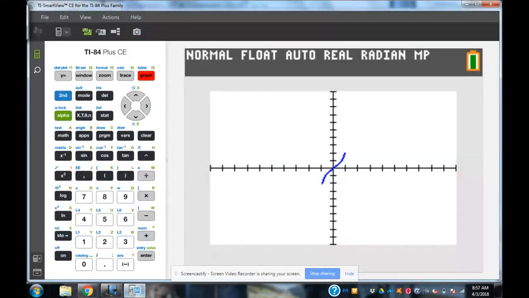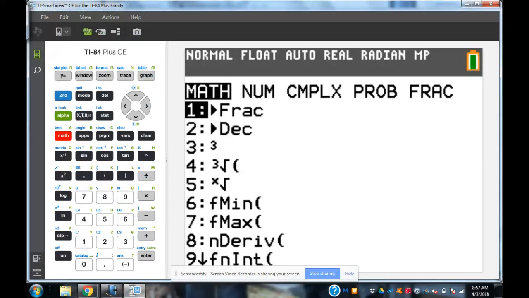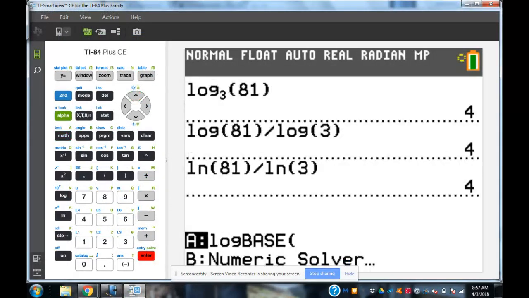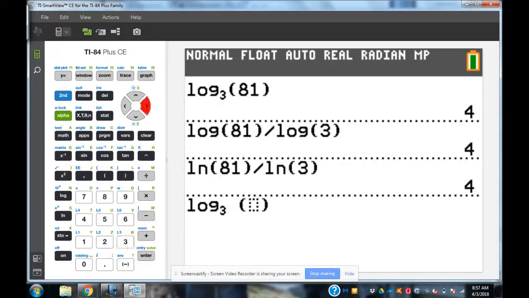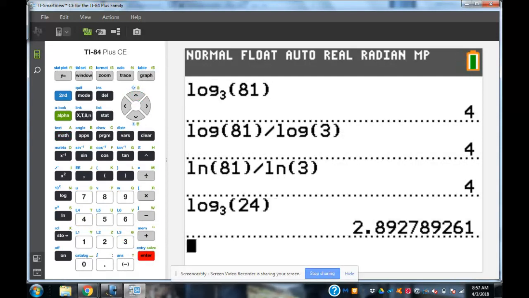So we're going to take log base 3, so math, log base 3 of 24. There's that decimal, log base 3 of 24, 2.892789261, and it just keeps running on there. We're going to divide that by 5.